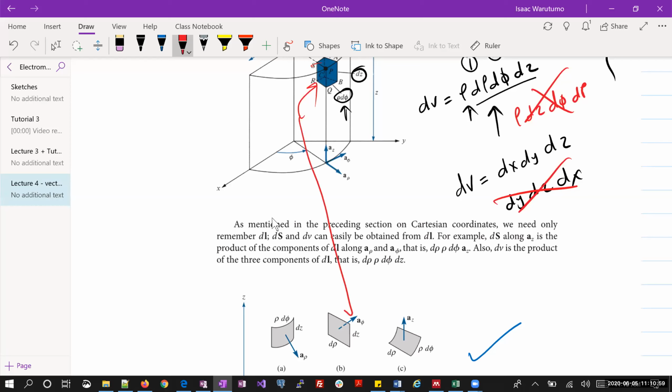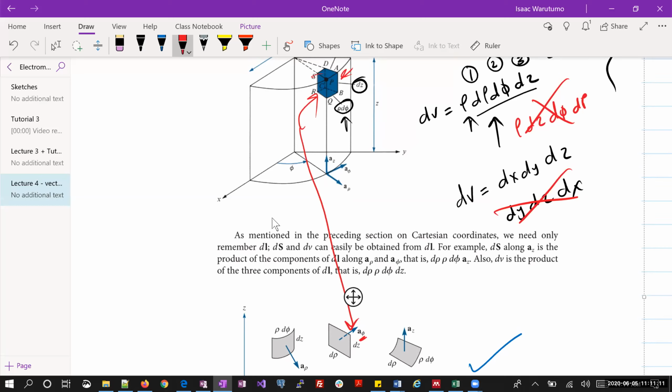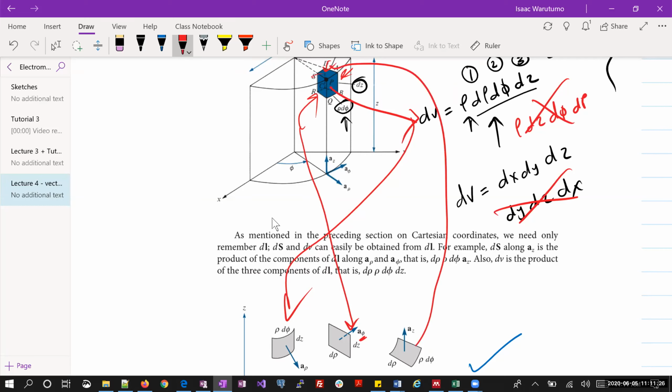The one facing the rho direction is actually the one on this back side. The one going up is the one at the top here. So you are able to visualize how each of those small surfaces actually looks.